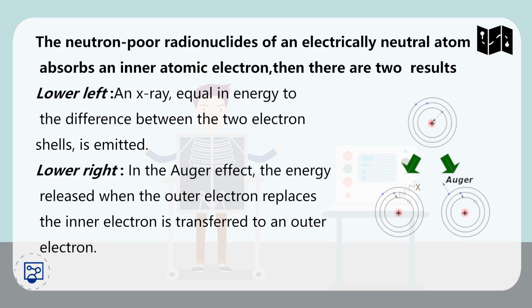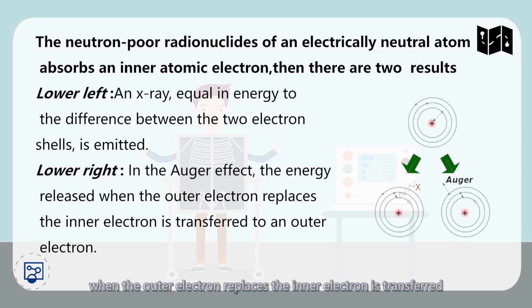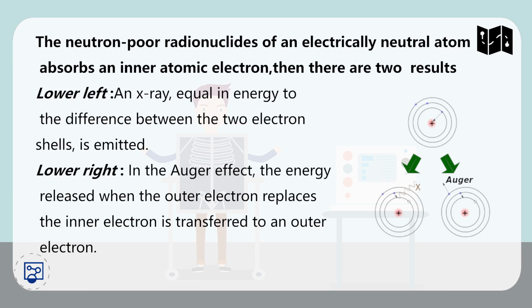Another result is shown on the lower right of this picture. In an Auger effect, the energy released when the outer electron replaces the inner electron is transferred to an outer electron. The outer electron is ejected from the atom, leaving a positive ion.